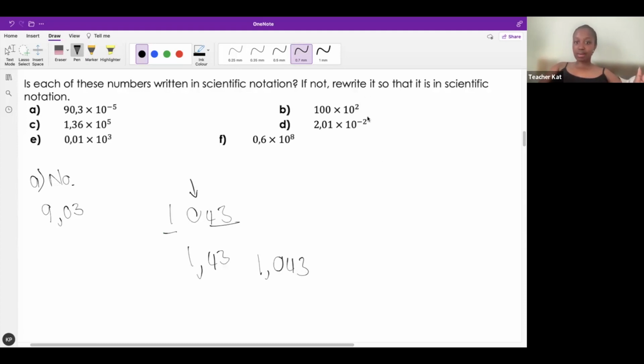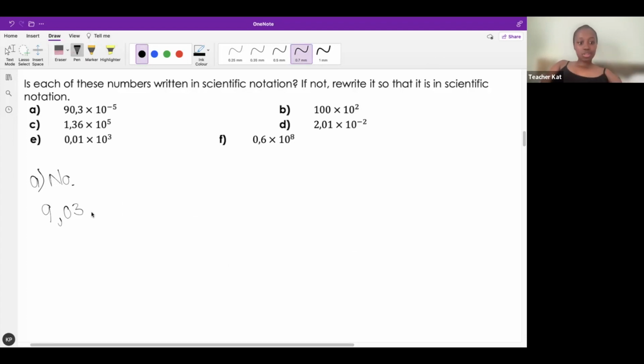Because 1, comma 5 and 1, comma 0, 5 are not the same. Do you guys understand what I'm saying? Okay, wonderful. So if the 0 is between numbers, you write that 0.